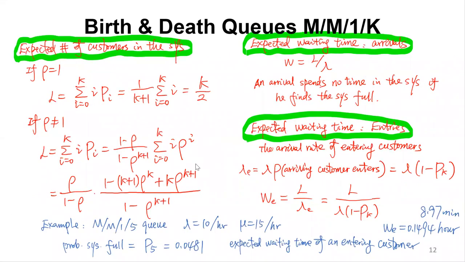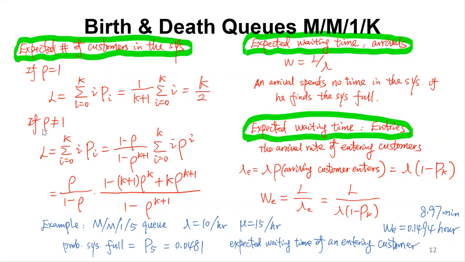What about the expected number of customers in the system? This is the sum of i pi. Now you see we have a cap K. If rho equals 1, this is 1 over K plus 1 times the summation of i, which becomes (K+1)/2 over K plus 1, so K plus 1 cancels. This is K over 2.